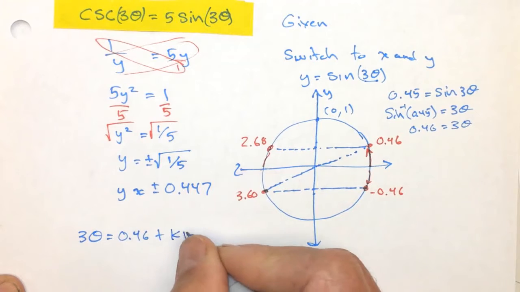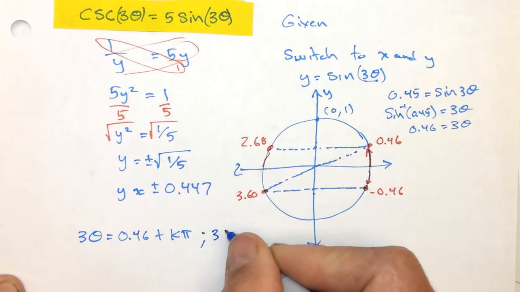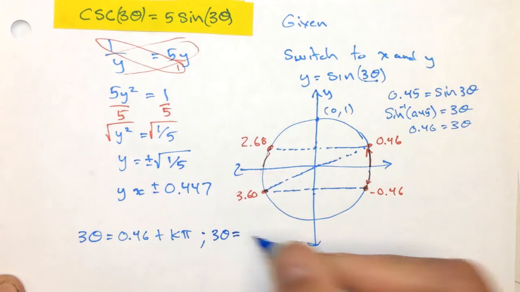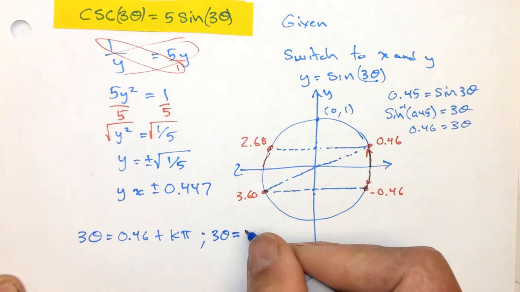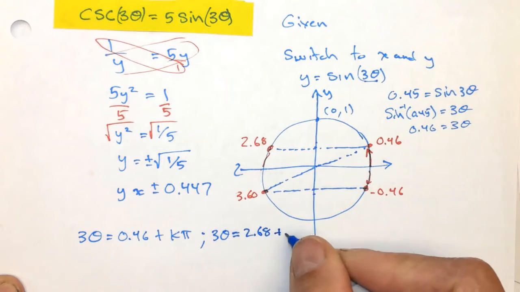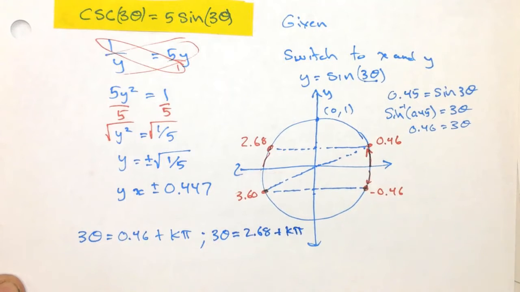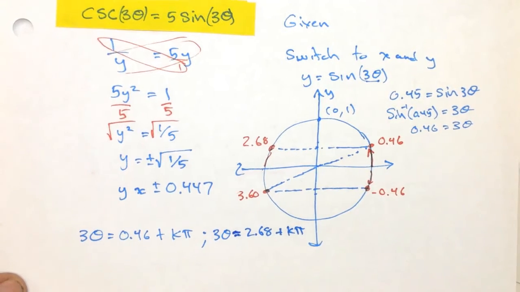So it's plus k pi. And my other one is going to be 3 theta equals approximately, I'll use this one, the next one up, it's important, 2.68 plus k pi. So those are representing my general solutions, but they're not theta, they're 3 theta.